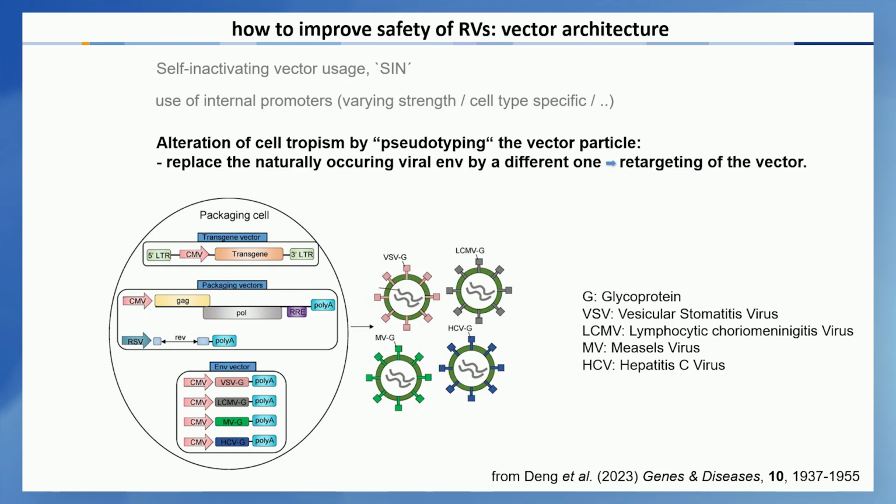You can do pseudotyping, for example, by using the glycoprotein of totally different viruses, like the vesicular stomatitis virus, like the lymphocytic choriomeningitis virus. All these viruses have a different tropism. They infect different cells. So if you use the glycoprotein of those viruses, you redirect your vector to the cell type you want to transduce. And this is depicted here.